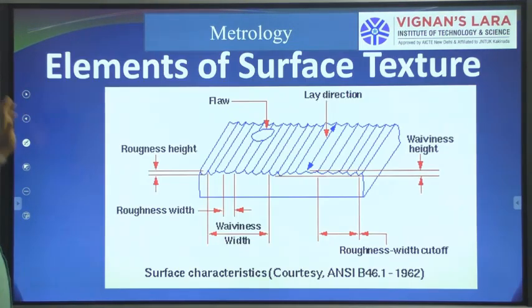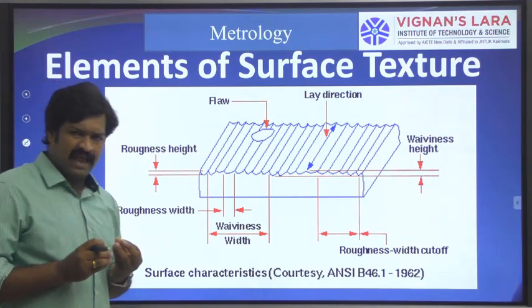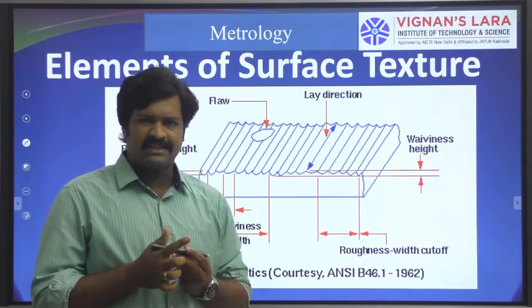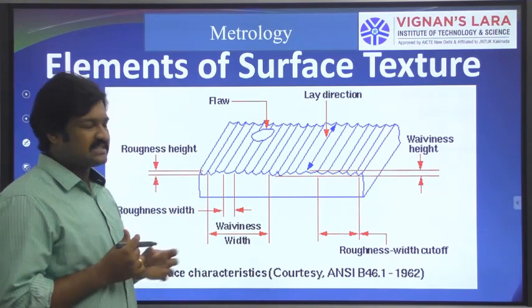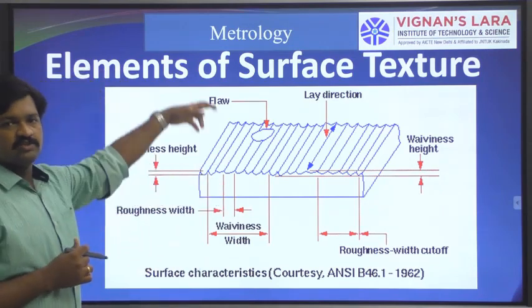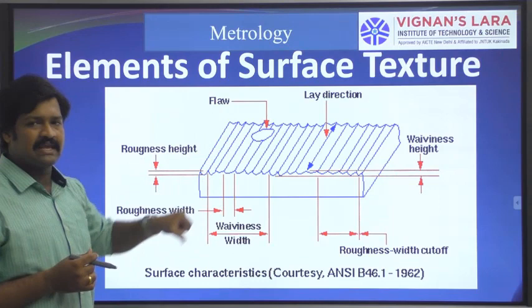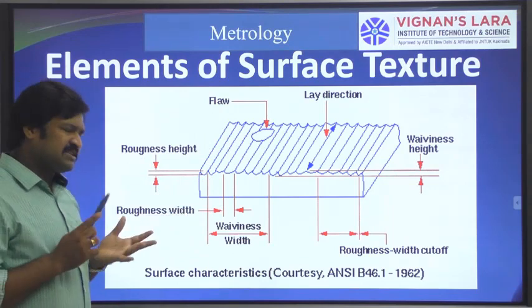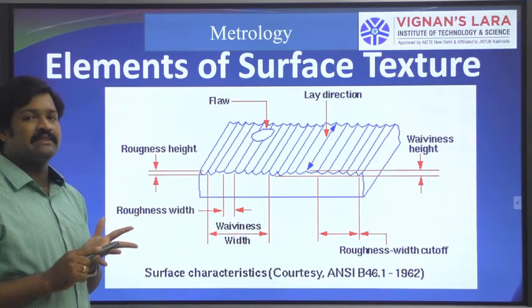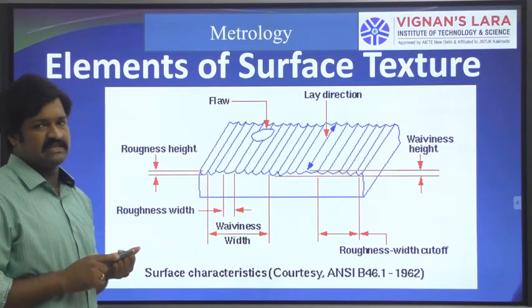Next, elements of surface texture. Our surface consists of various elements. If we observe any surface macroscopically, irrespective of the component, the surface texture will be similar to this. The surface will have some irregularities. Every surface will have irregularities, but the amount of irregularities varies.